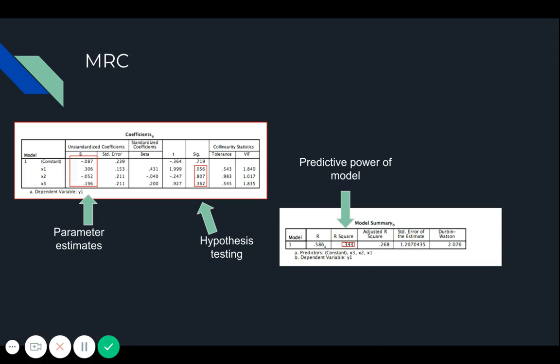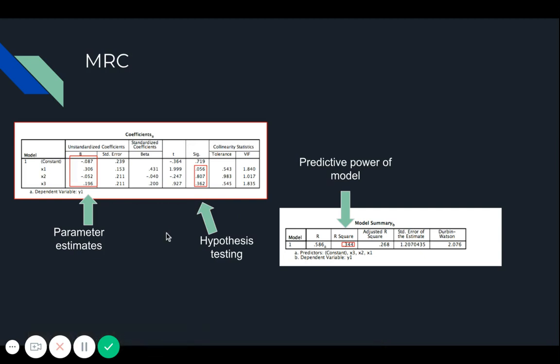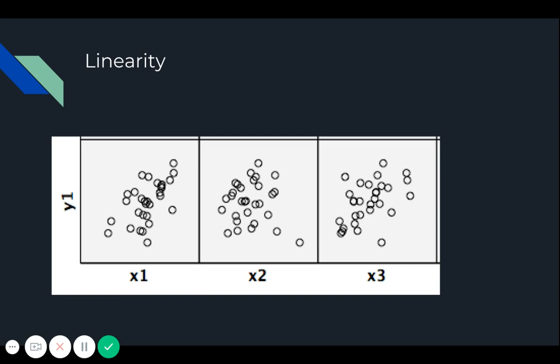So in this model summary, the R-square value for our model is 0.344, and really the closer our R-square is to 1, the stronger our model is at predicting our outcome variable. So here I would say that our model is not very strong at predicting our outcome variable, and this is consistent with the significance or lack thereof in the coefficients table. So yes, we do not have a strong model, and we fail to reject the null.